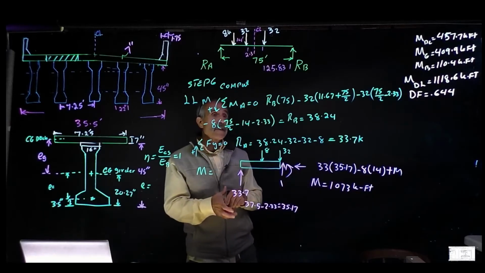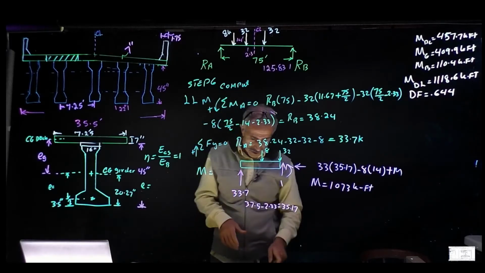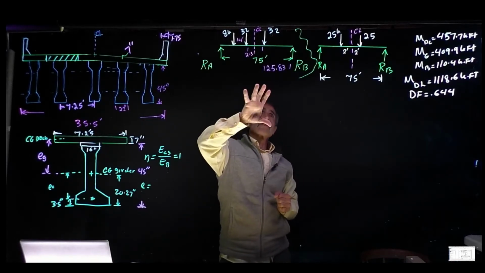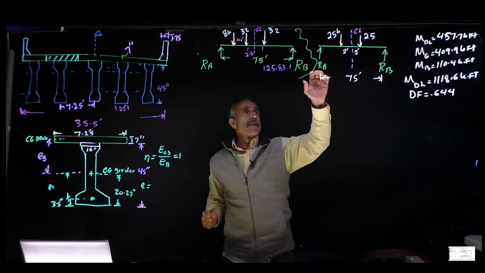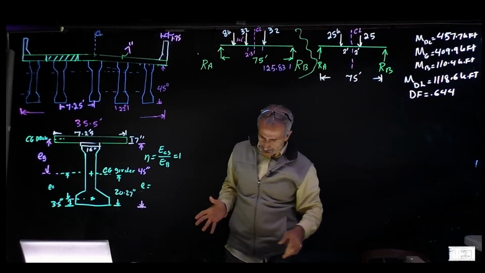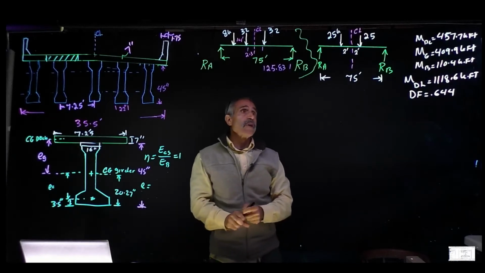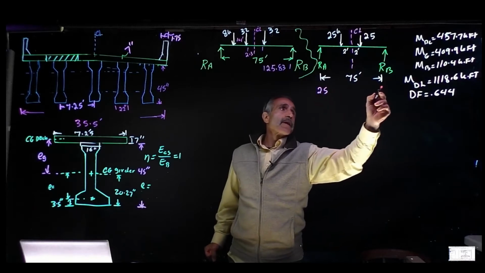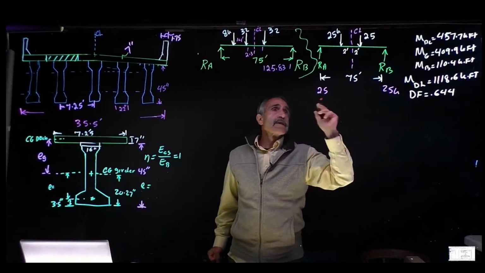So let me erase this, and we're going to go to the other one. We said when we do HL93, then we're going to do tandem. And the tandem is right here. Let's figure out what the moment comes out to for the tandem. Because it's a tandem and it's easy, we know it's 25-25, so my reaction is going to be 25 kip here and 25 kip there.